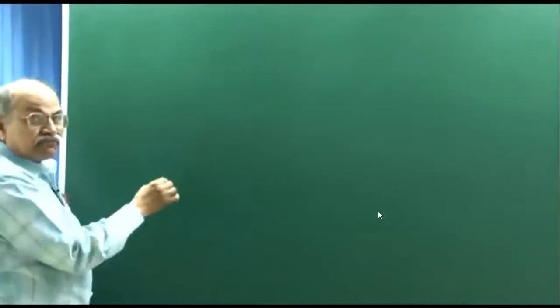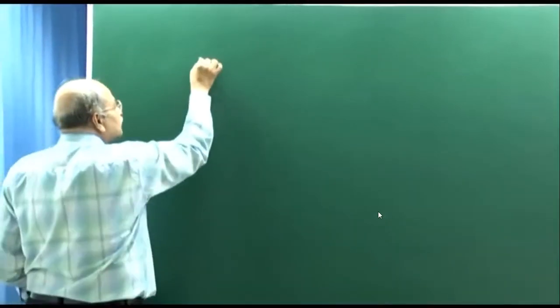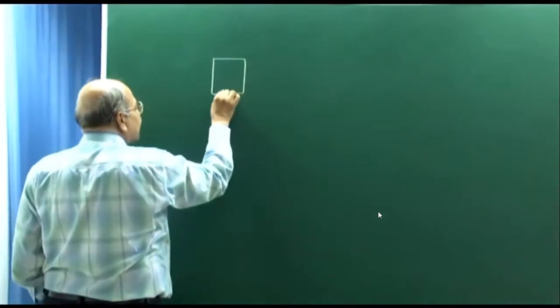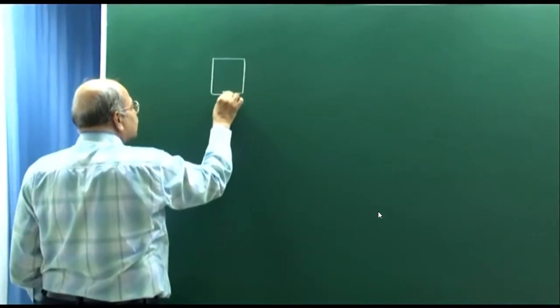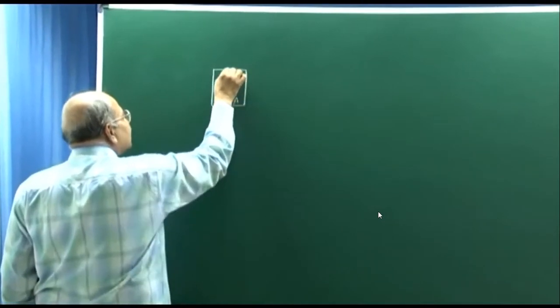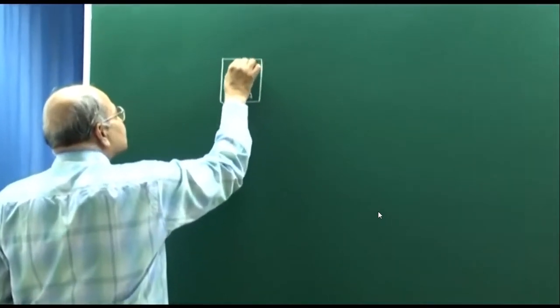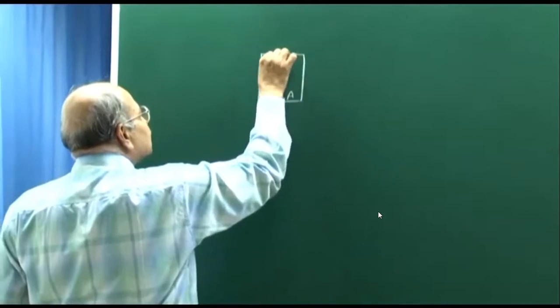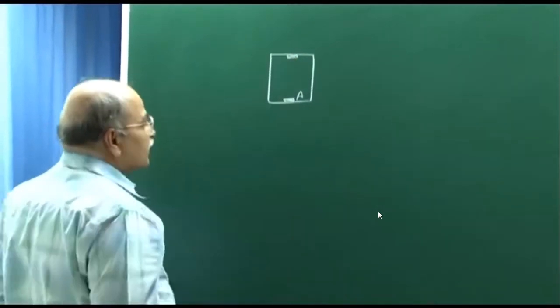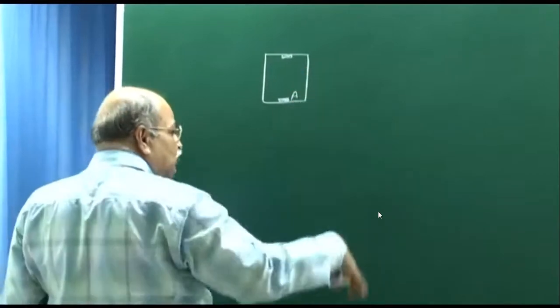So, we have this box which is our frame. In this box we have this ring magnet here, call this magnet A. I have another magnet here. To start with, everything is stationary and then the box is allowed to fall.